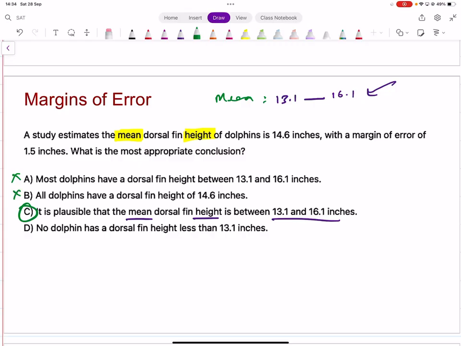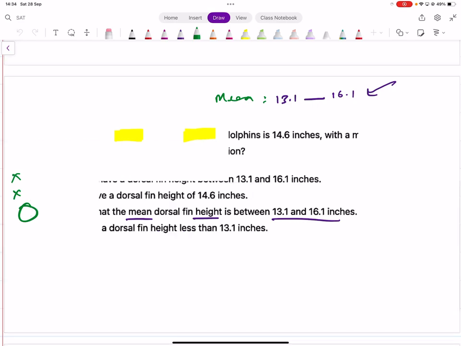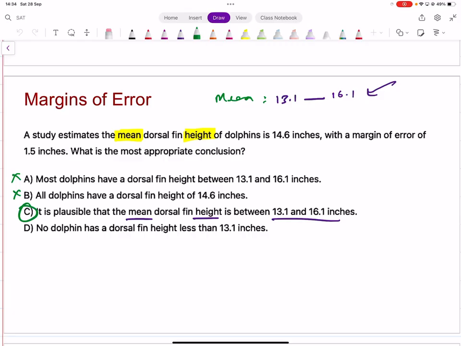No dolphin has a height less than 13.1. What do you think about that? Isn't that correct as well? Why is that not correct? It is still possible that the actual number is outside this interval.